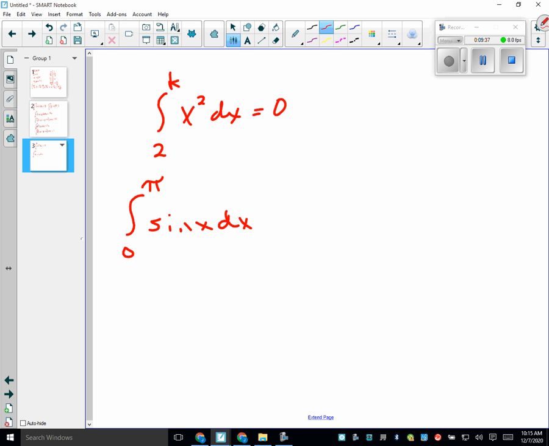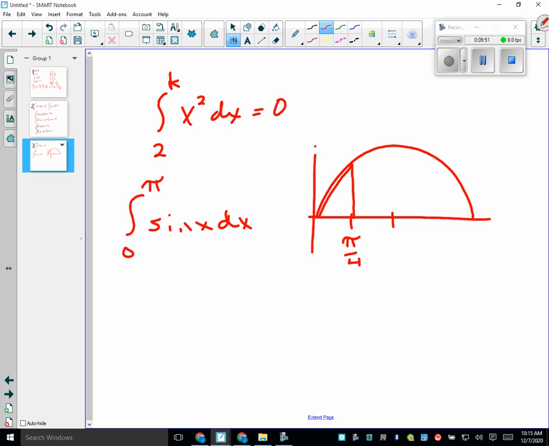Now, when I do this, my graph looks like this, right? Here is my trapezoid. Here is my trapezoid. Here is my trapezoid.